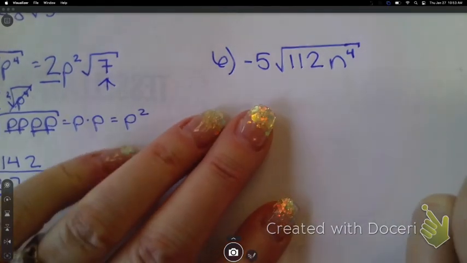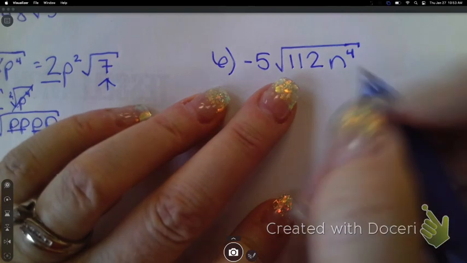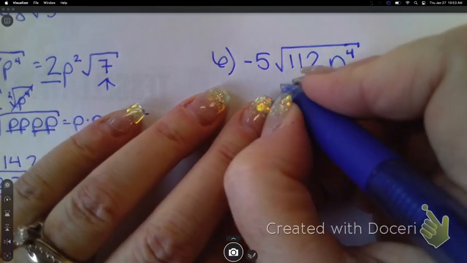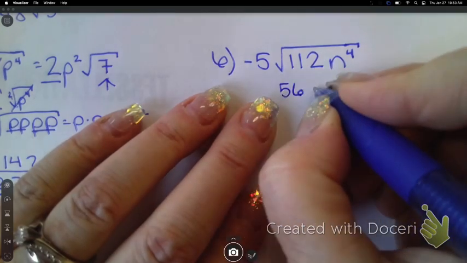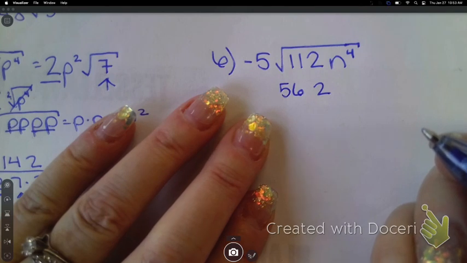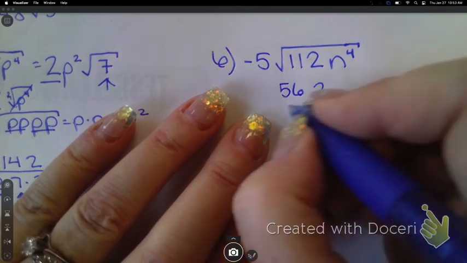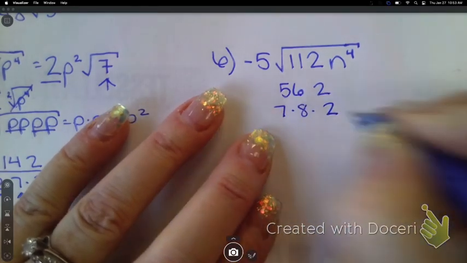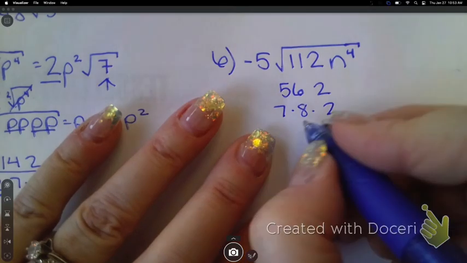Okay, so who asked? Henry, what did you do for 112? 56 and 2. Then I can break that down to 7 and 8. And then you break 8 down to 4 and 2.